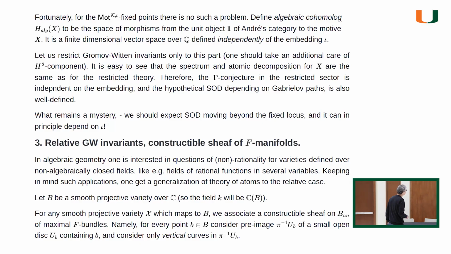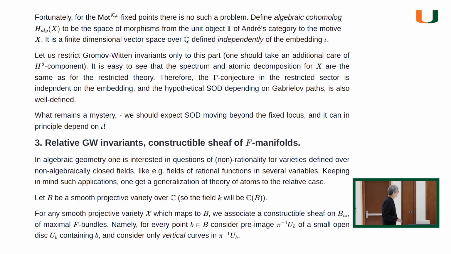But now this last part is some extension of the theory, something called relative Gromov-Witten invariants. What we want in birational geometry is to study questions over various non-algebraically closed fields.